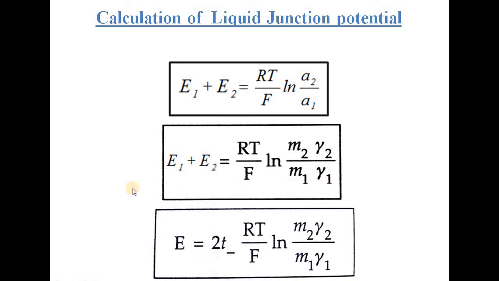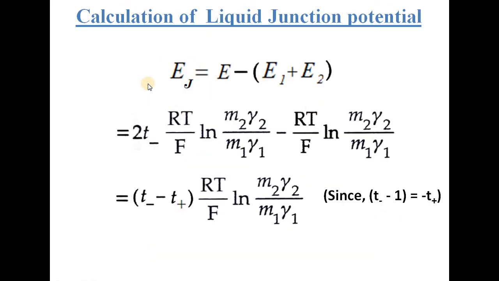Now, we have already calculated in our last lecture, in case of concentration cell with transference, the total EMF of the cell was found to be 2t negative RT/F ln(M2 γ2 / M1 γ1), where we have included all the electrode potentials due to the cell reaction as well as the potential set up due to the liquid junction potential.